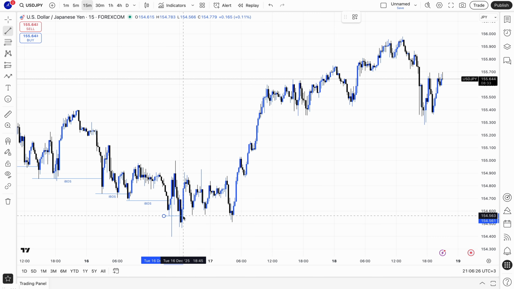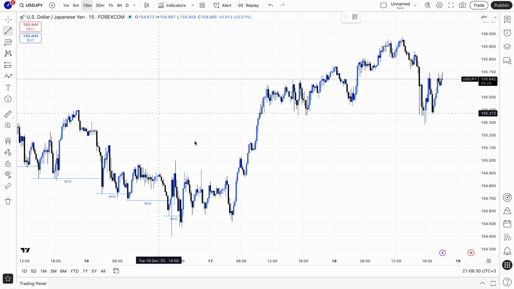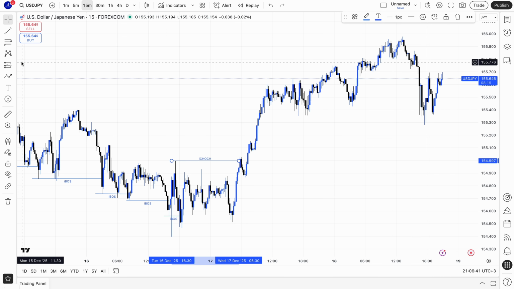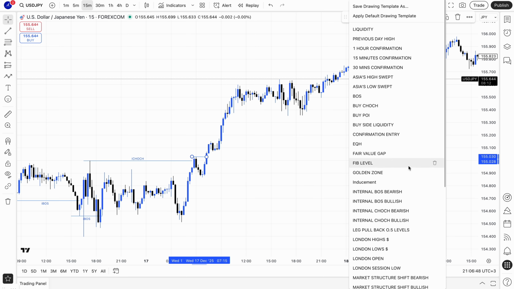Then you had another break of structure to the downside, and then you had our shift to the upside. And then we had another break of structure, continuation to the upside.